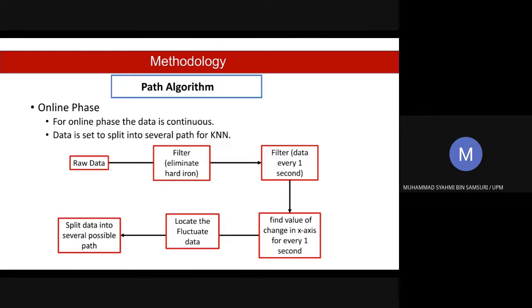First, the raw data is filtered by eliminating the hard iron, and then the data is filtered every 1 second. Next is to find the value of change in the x-axis for every 1 second, and then locate the fluctuating data or the highest peak of the data, and then we can split the data into several possible paths.